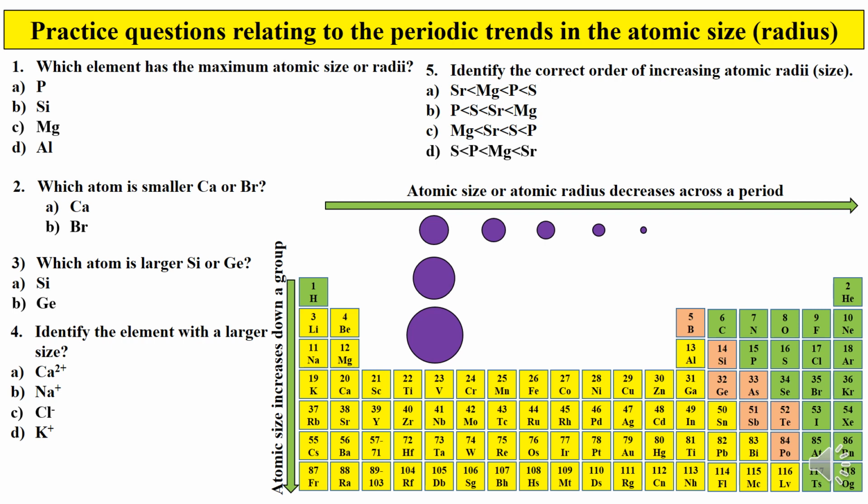What is the first step? Identify the position of the element in the periodic table. So all these elements are period 3 elements. They are present in row 3 of the periodic table. Second step, identify the elements in question. So I have underlined all these elements in period 3.